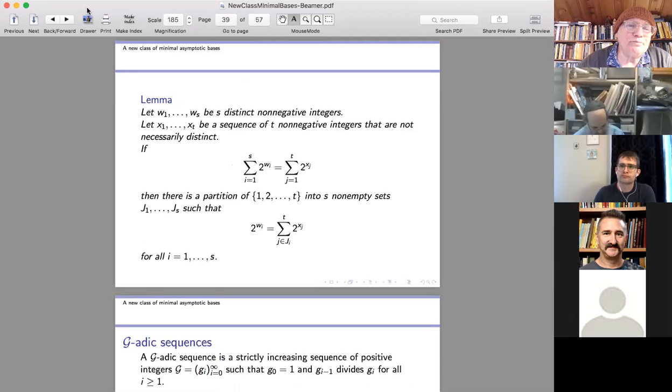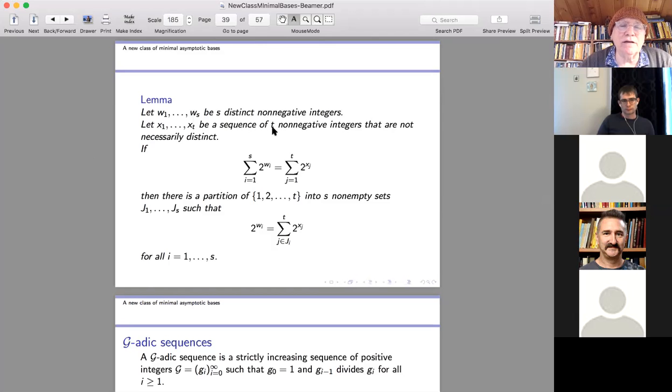So you take w_1 up to w_s, these are distinct non-negative integers, and x_1 up to x_t, these are not necessarily distinct non-negative integers. And the sum of the powers 2^(w_i), i going from 1 to s, equals the sum of the 2^(x_j).